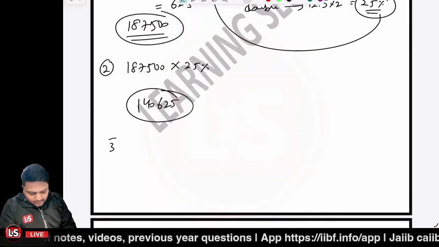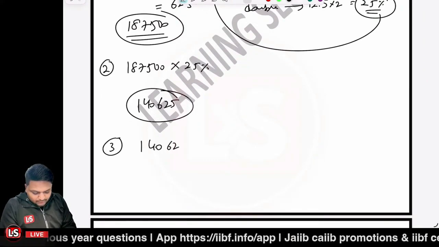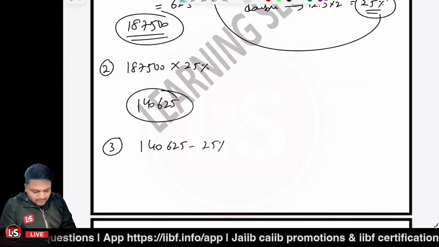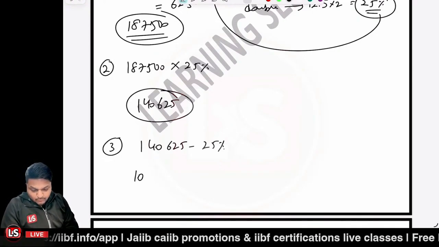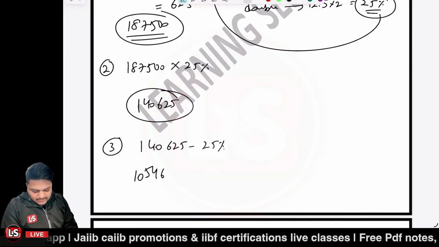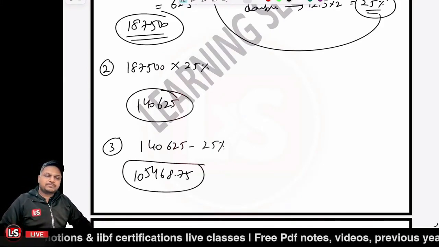And for the third year, the depreciation is to be calculated on 140,625, and again we have to take 25% of it. So it is 105,468.75. So this is how it's going to work.